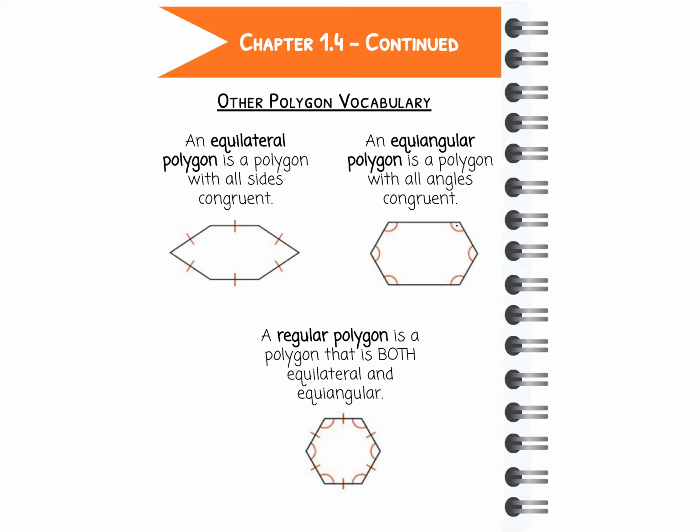If it's both equilateral and equiangular, it's called a regular polygon. A regular polygon has congruent sides and congruent angles. Honestly, they're usually like the really pretty ones. When you're learning your shapes, it's the pretty ones that they put out there. Your square, your pentagon that's perfect, like the Pentagon building, the hexagon that's down here below.